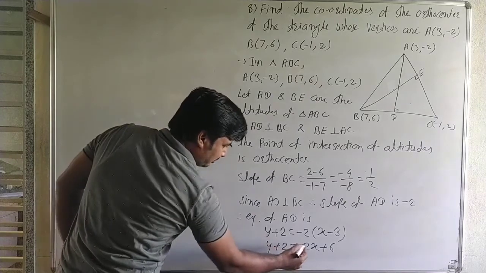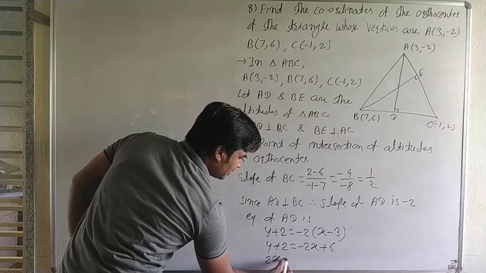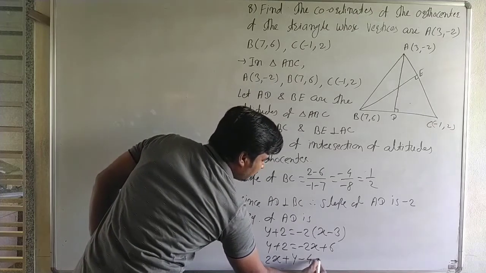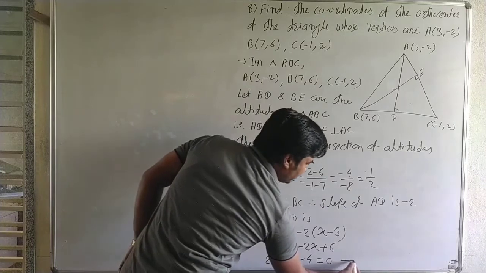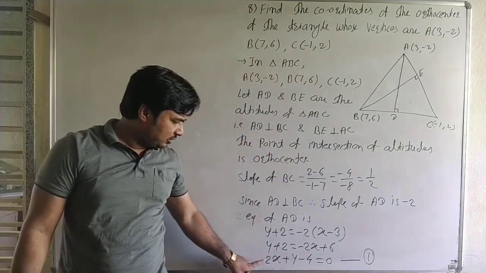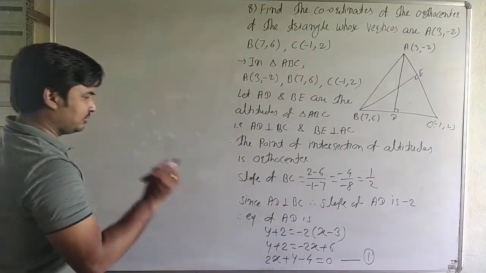Then the equation of AD is 2x plus y minus 4 equal to 0. It is equation number 1.